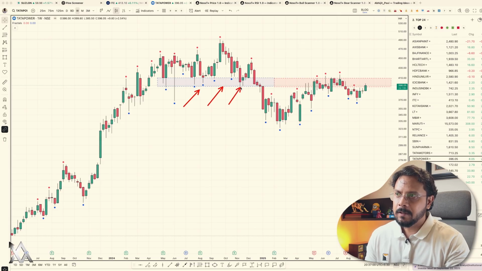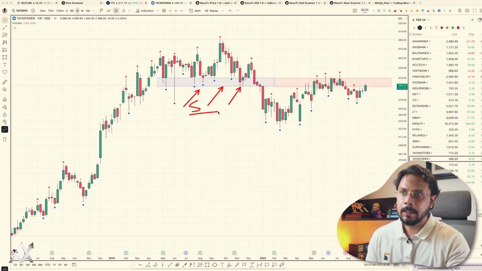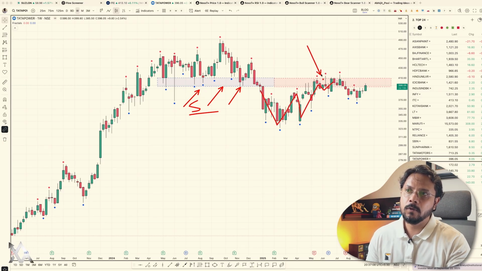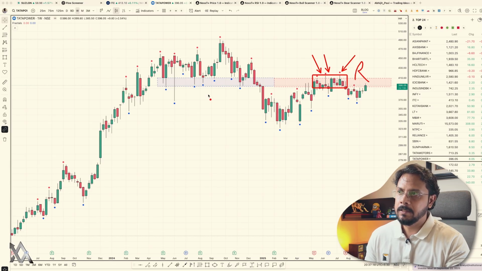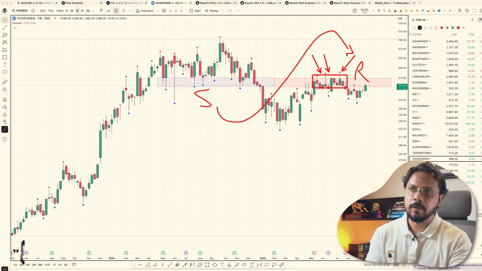This was a relevant support. This was giving us very good support in the past. And after breaking down, when it finally manages to bounce back, if it reaches this particular area, this may give us resistance. Means support reversing its role and becoming resistance.